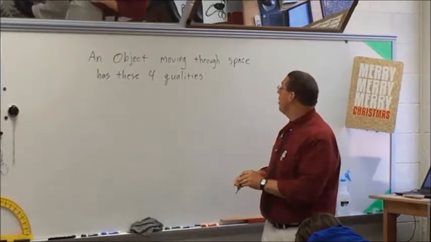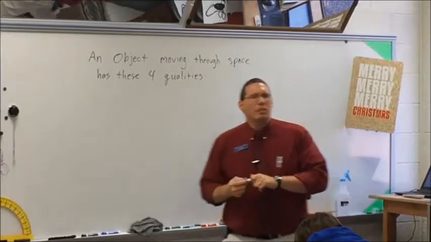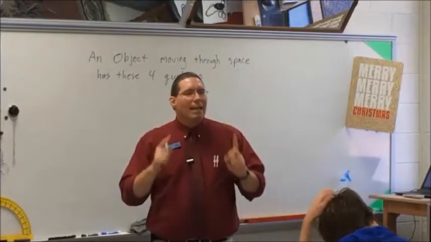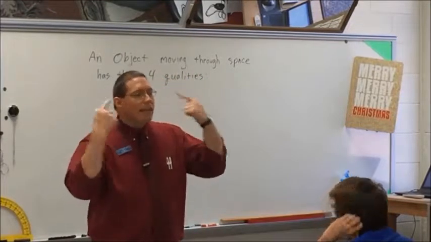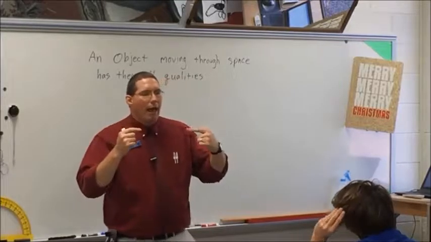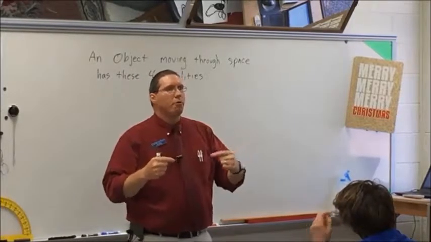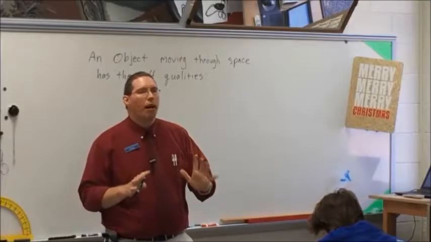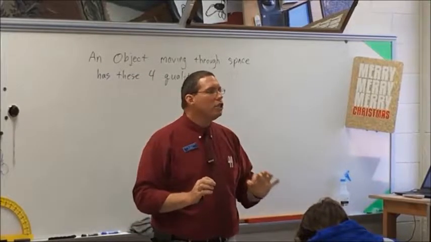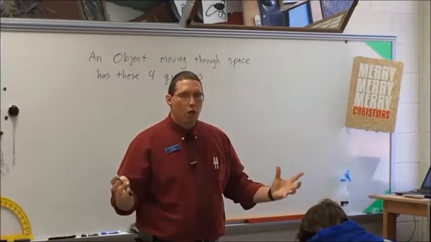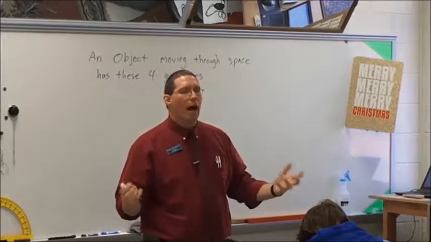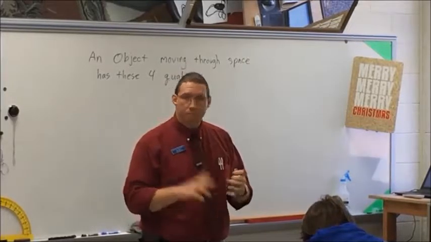Okay. All right, so an object moving through space. I need you thinking about what an object moving through space is. And what I need you to do is broaden your view of what an object moving through space is.